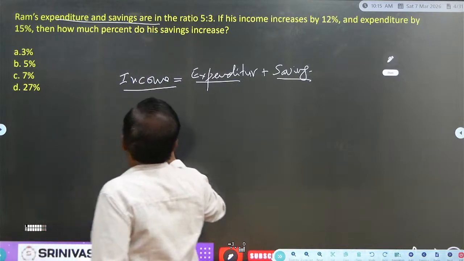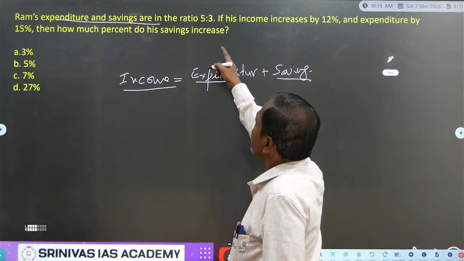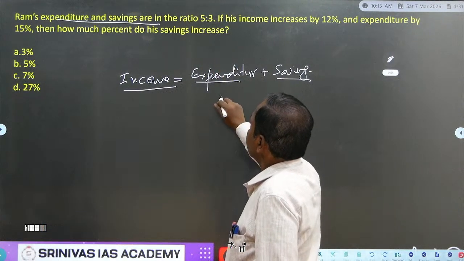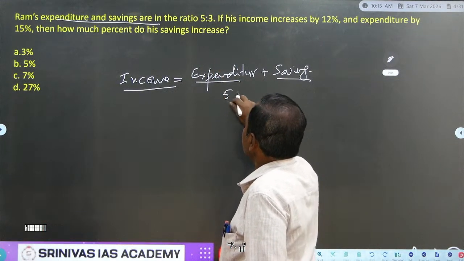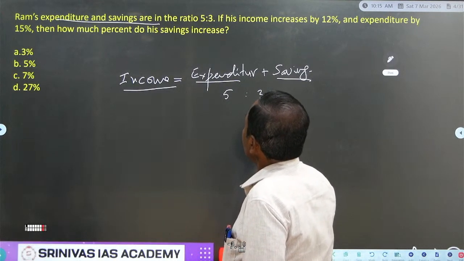Expenditure and savings are in the ratio 5:3. The first one is expenditure, the second one is savings.